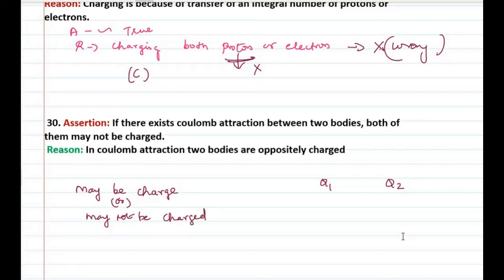So the assertion statement is true. The reason says that in Coulomb attraction, two bodies are oppositely charged. No, we said they may be charged or may not be charged. So one body can be oppositely charged or the other body may not be charged.